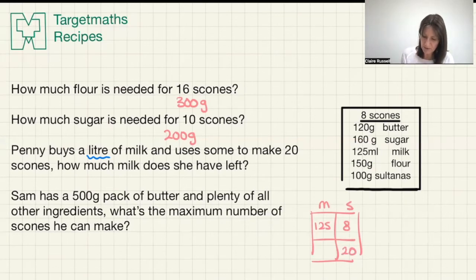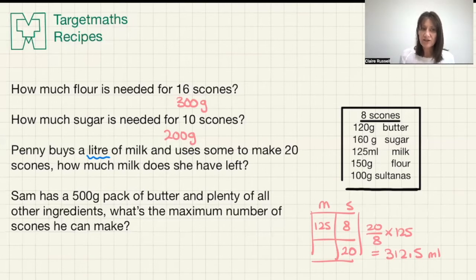So I'm going to pop my 20 in here. And then I am going to do my trap number. And that is going to give me 312.5. So I'm going to need 312.5 millilitres of milk to make 20 scones.